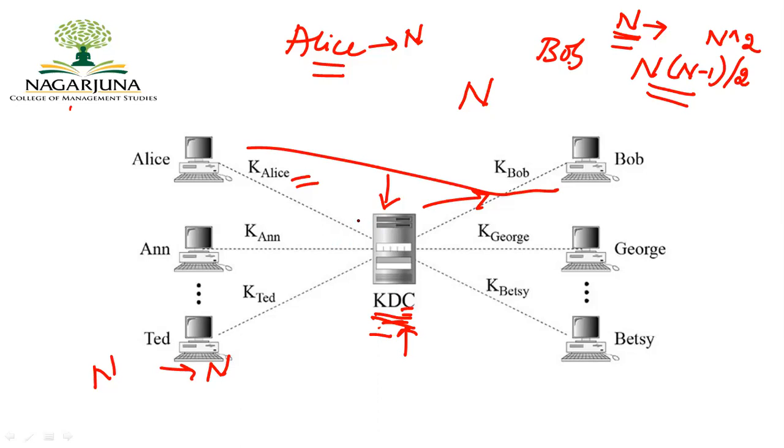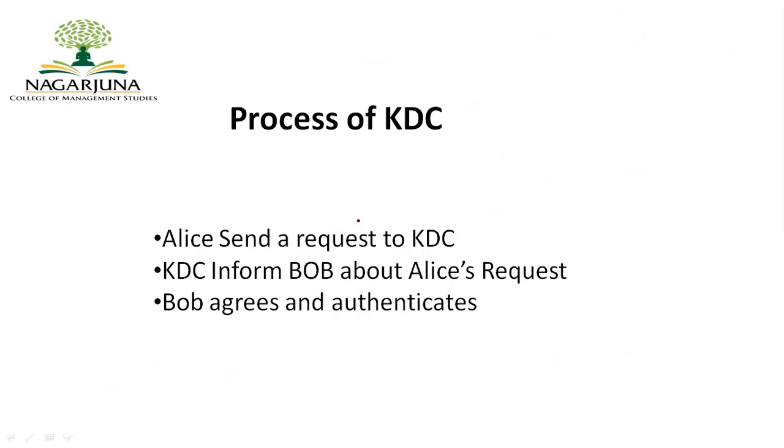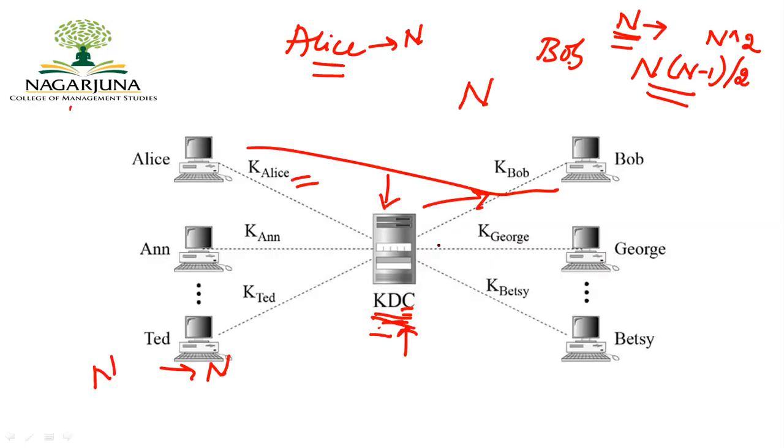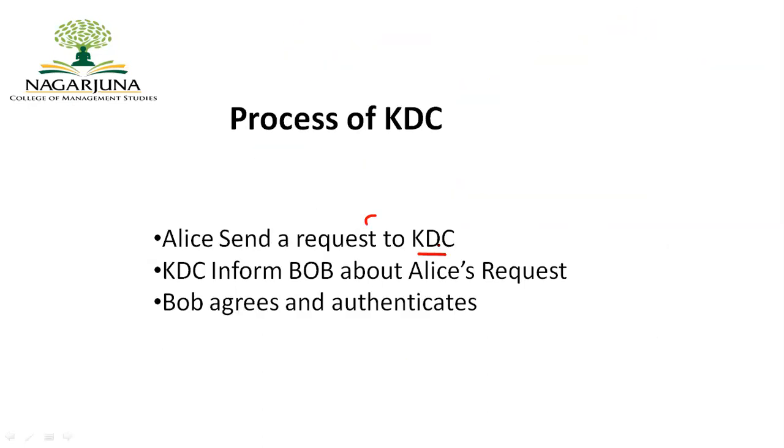So what is the process involved in the KDC? As we know, Alice sends a request through the KDC. We have a diagram which we have seen here. Alice sends a request to the KDC stating that she needs to develop a temporary session and create a secret key between Alice and Bob.